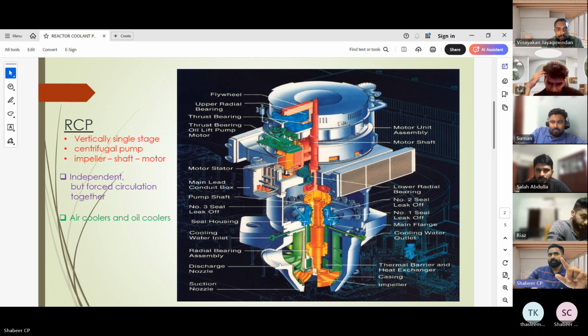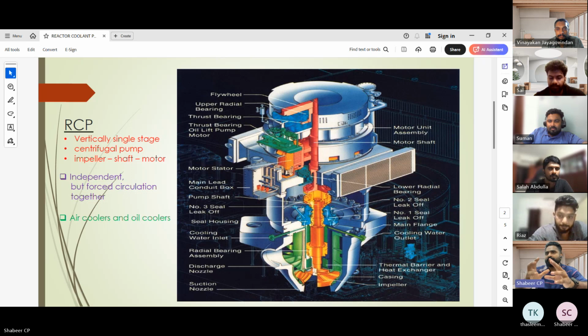The impeller circulates the coolant. As we know, there are 4 RCPs. Each and every RCP is independent, but together they provide the forced circulation. The RCP is located on the cold leg of the reactor.